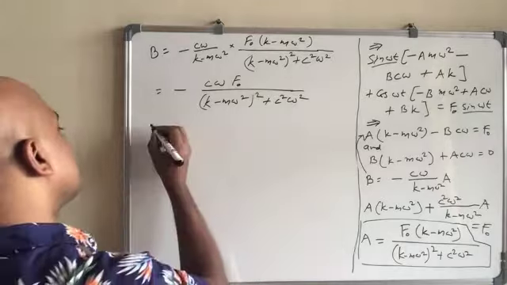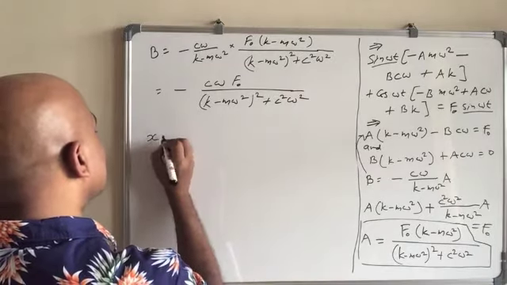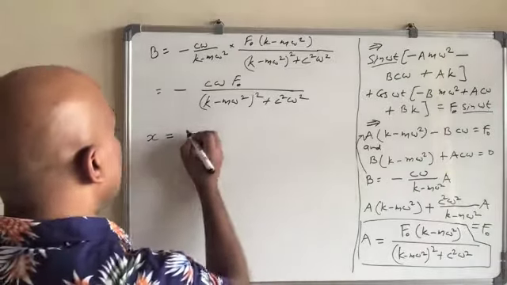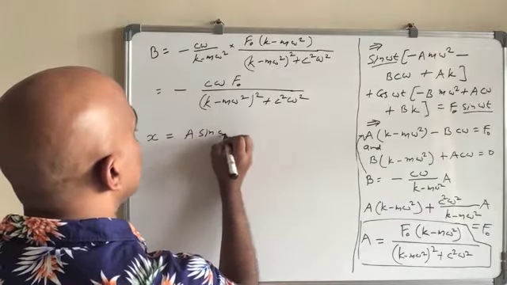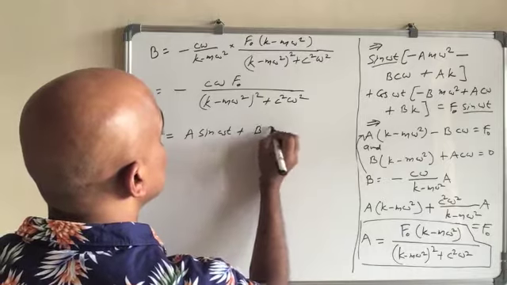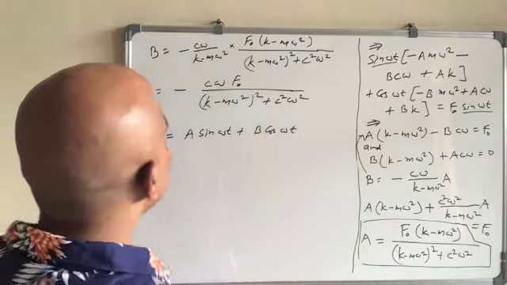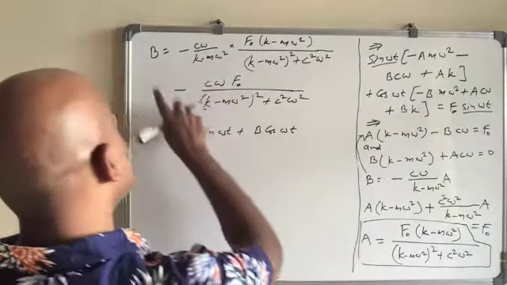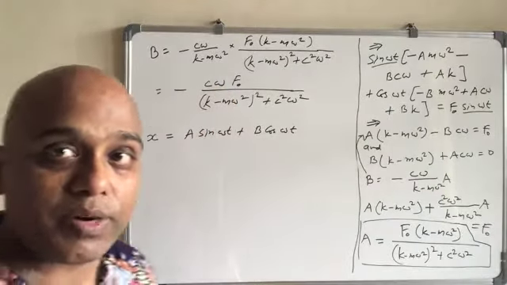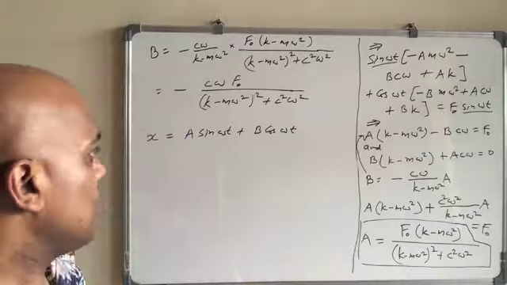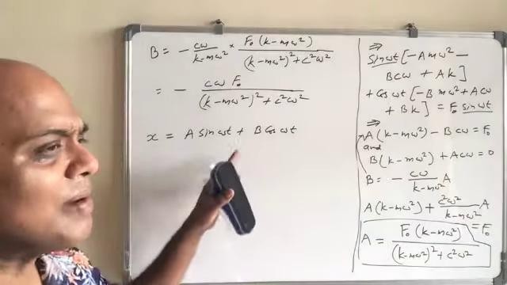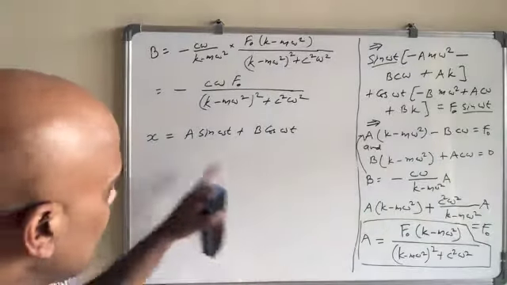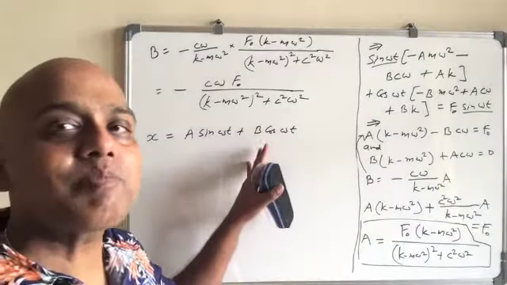Okay, so what is the solution? Yes, the solution is x equal to a sine omega t plus b cos omega t, where a is given here and b is given there. Okay, now we can rewrite it in a proper way.